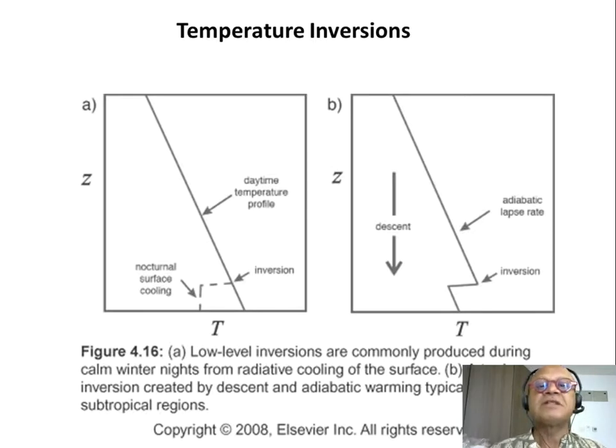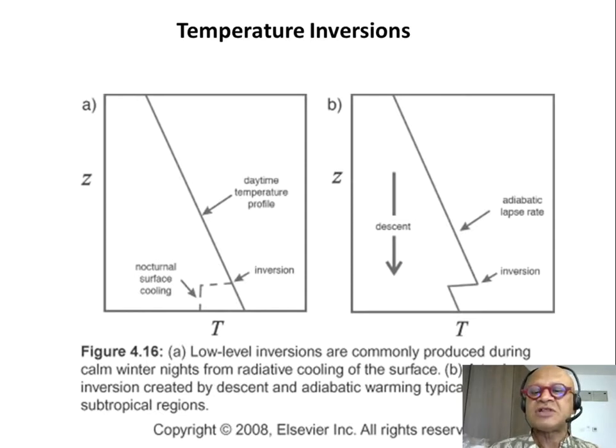We will see a little bit during the trade wind inversion. I'll explain why the descent and compression and warming doesn't increase buoyancy and allow the air to rise back. Okay, that is related to, again, radiative cooling. So these are the ways you can create inversion.